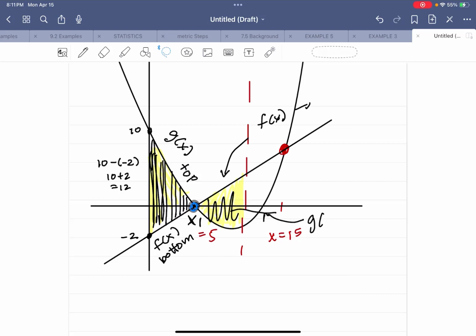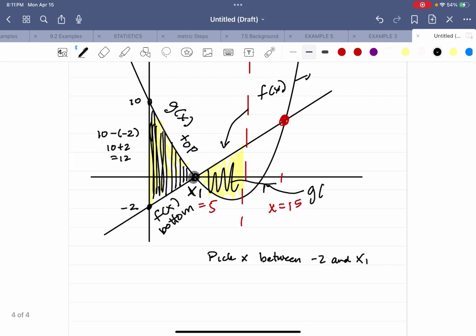But what they tell you to do is pick an x between negative 2 and x1. So, for example, we said x1 is 5, so we would pick x equals 3.